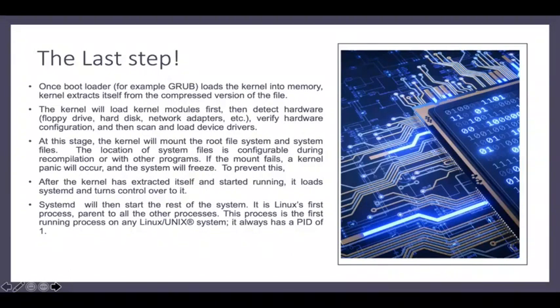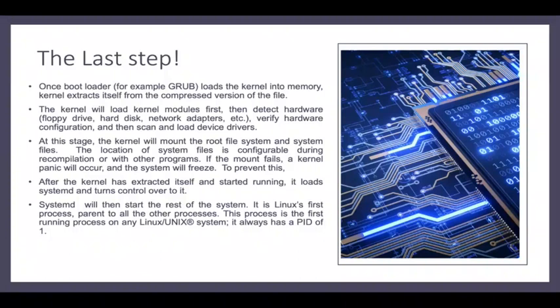The location of the system file is configurable during recompilation or another program. If the mount fails, a kernel panic will occur and the system will freeze. To prevent this, we have initrd: along with the kernel, the UEFI system also loads an initial RAM disk image, which prevents the kernel from freezing.